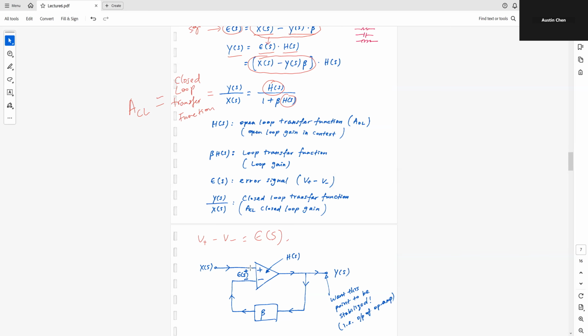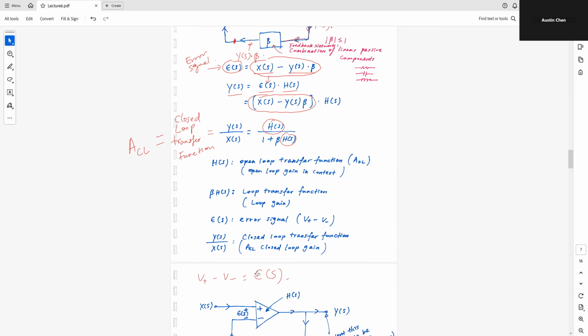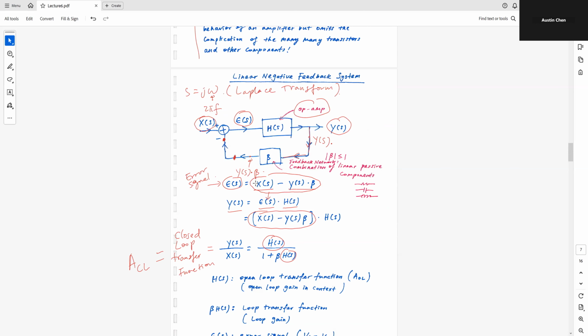This particular setup, after I replace the h of s with this op-amp, works exactly the same as this. Before, I had to put this subtractor, a summer with a negative sign, so that I can have this error signal.